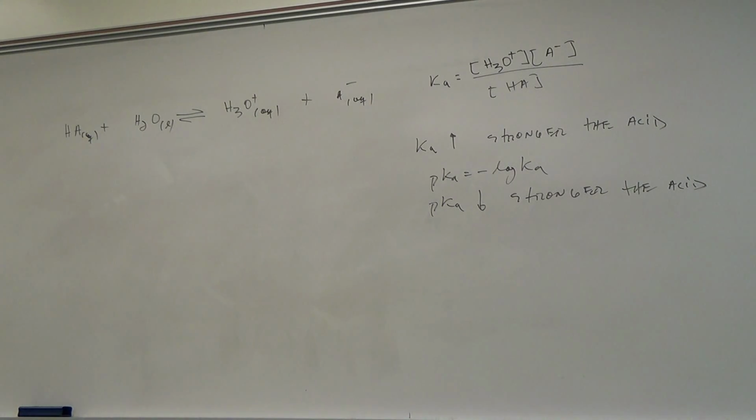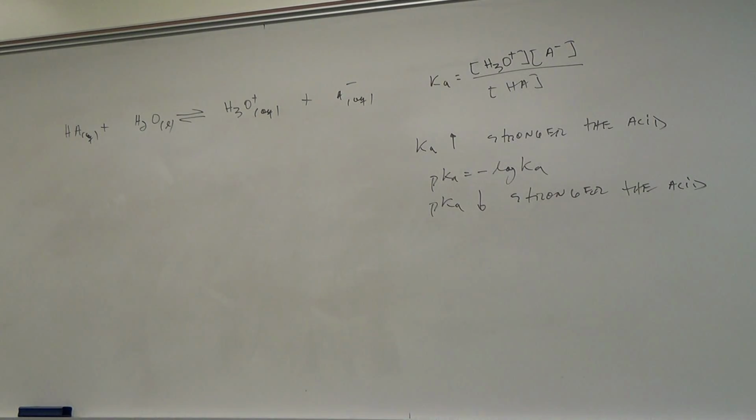From 3 to 5, they're weak acids. From 5 to 16, they're very weak. And anything higher than that, they are extremely weak.